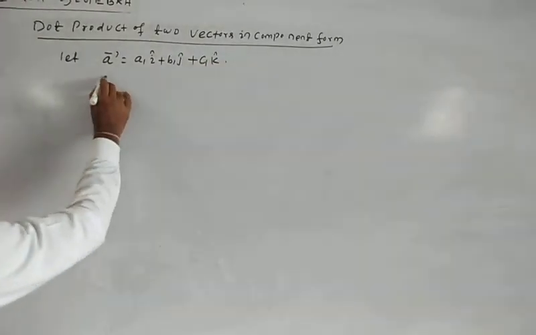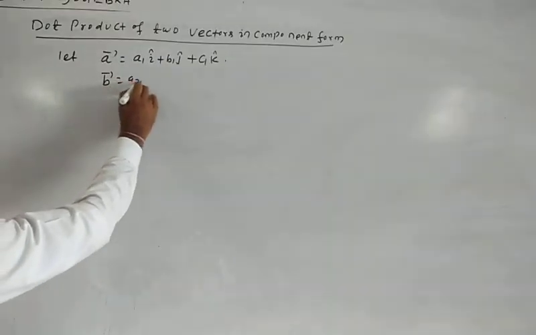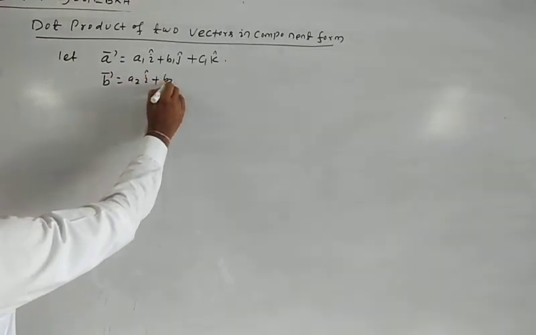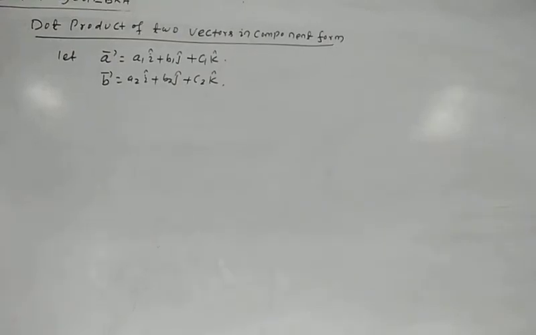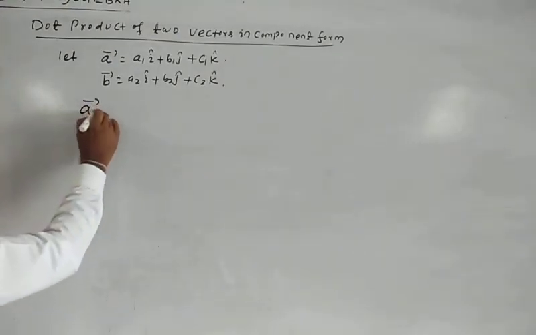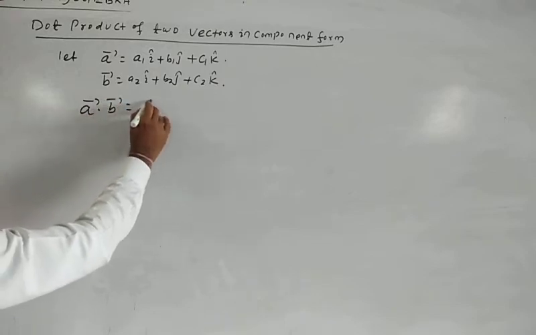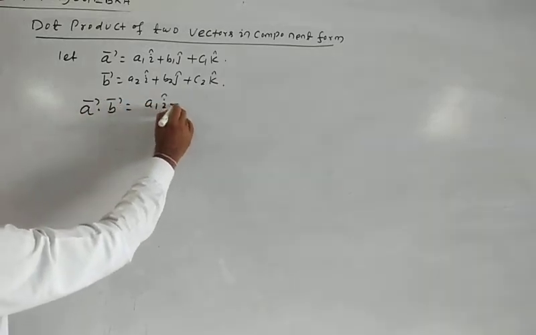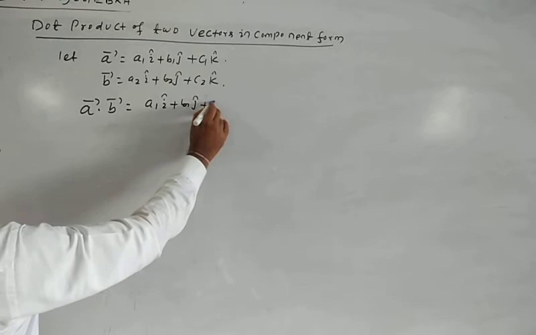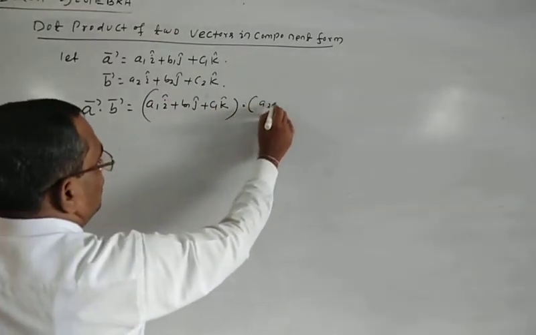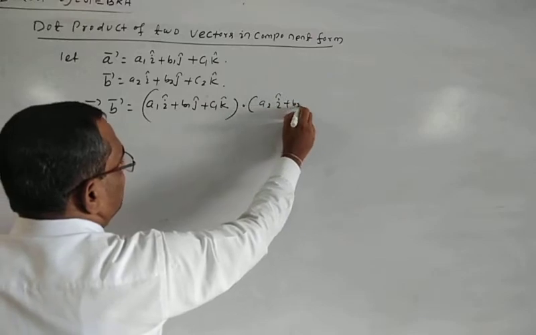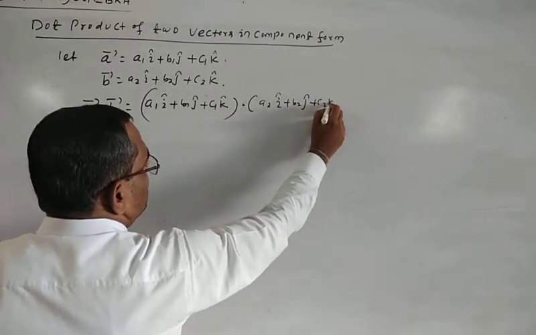B vector is equal to a2 I cap plus b2 j cap plus c2 k cap. So a vector dot b vector is equal to a1 I cap plus b1 j cap plus c1 k cap dot a2 I cap plus b2 j cap plus c2 k cap.